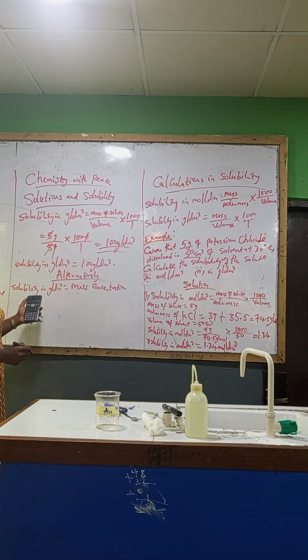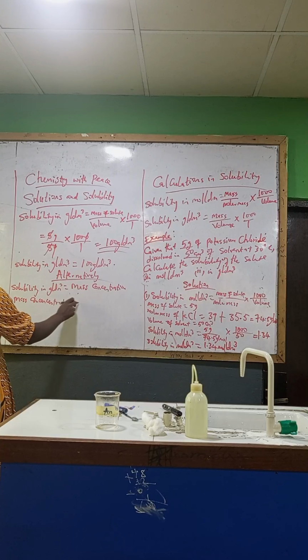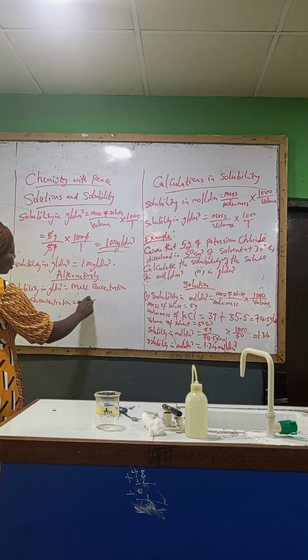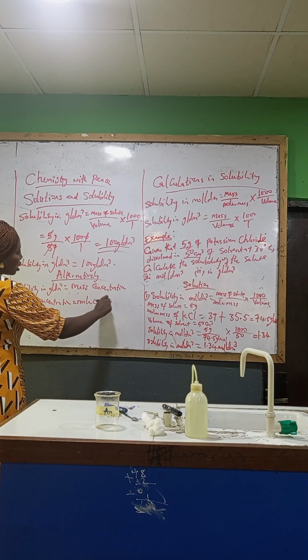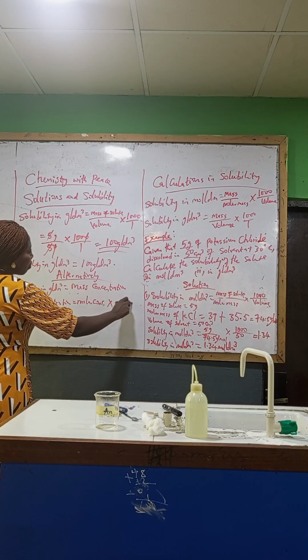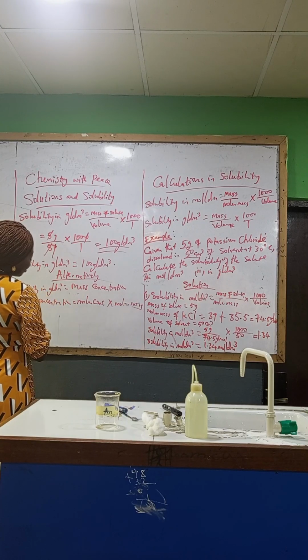Solubility in gram per dm cube is the same as mass concentration, and we have the formula that mass concentration is equal to molar concentration times molar mass.